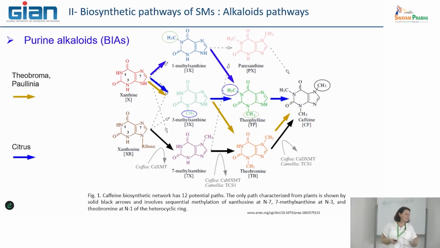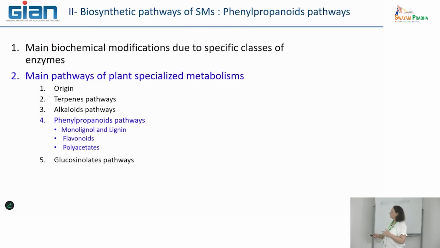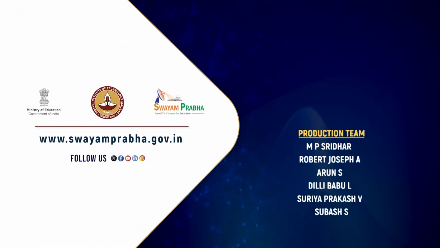So it is very specific. It depends on what you want to produce, even if the final product here is caffeine. It's not so easy to work in this domain, but I like this one. Stop here.